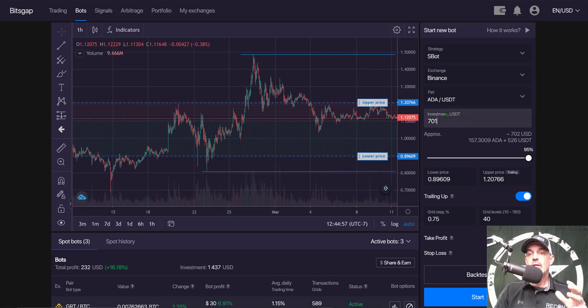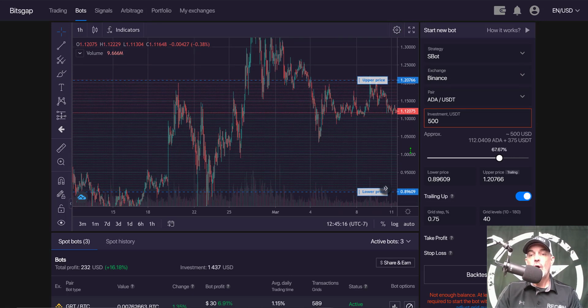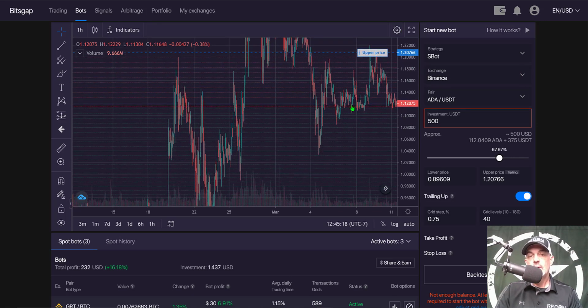All right, so the next thing I need to decide is how much ammo I want to give this bot. I can either manually type that in, or as you see, I'm actually going to need more than I typed in order to meet all these grid levels. All these red lines and green lines are actually open limit orders. The red lines are sell limit orders. The green lines are limit buy orders.